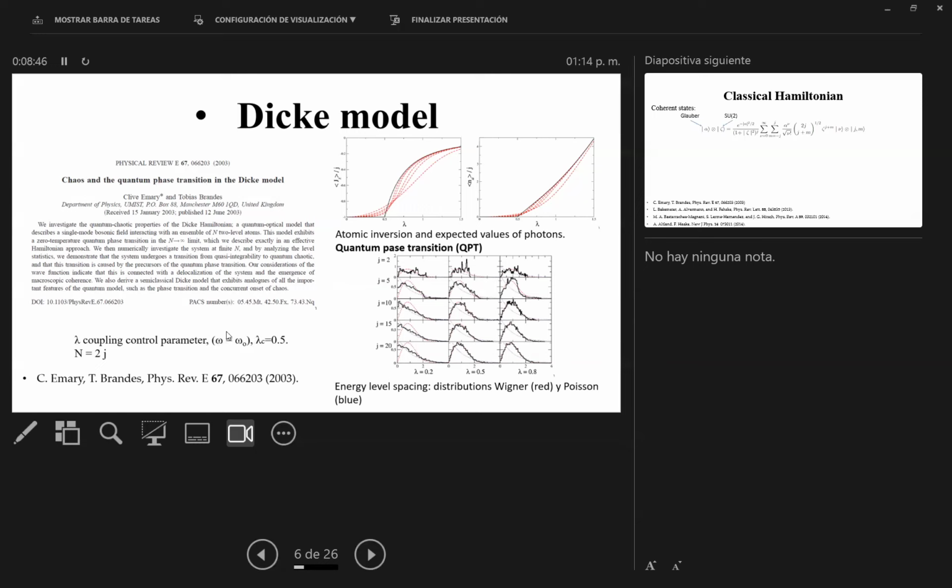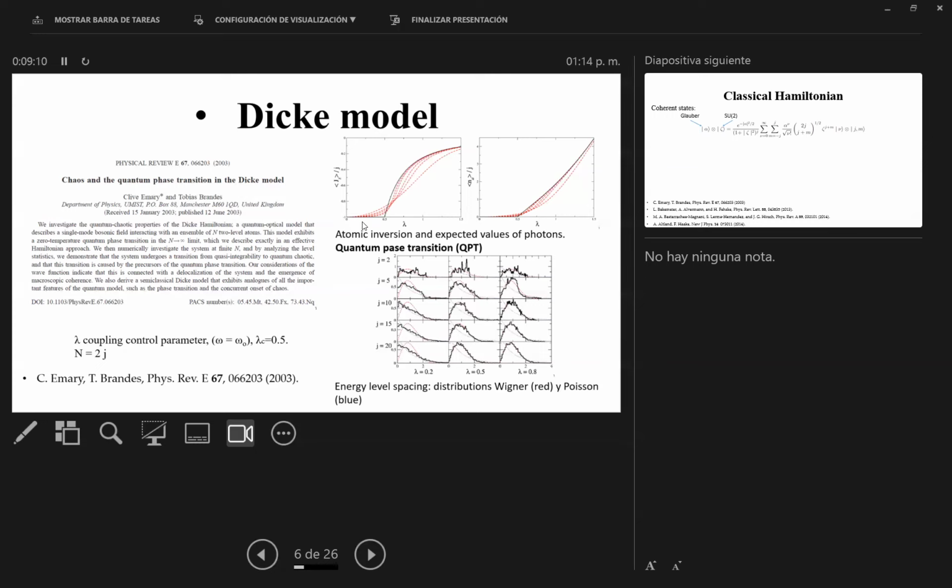In this resonance case, the critical control parameter is this one, 0.5, and this is the n that can be explained in terms of this J, a relevant quantity, a scalar, that is basically a measure of the number of atoms in the system.